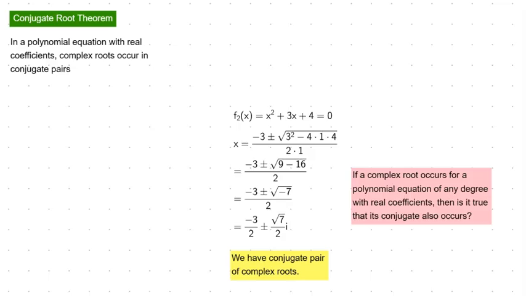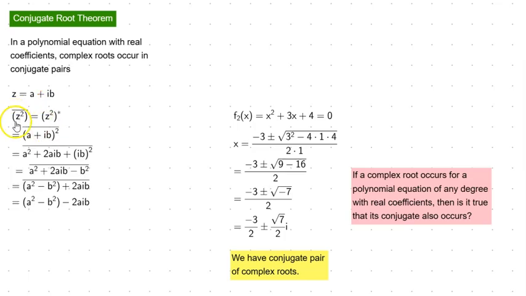Before we look at the proof of that, let's look at a property of conjugates that we will require. So we have z equal to a plus ib. We are going to take the conjugate of z square, which is written with a bar on top or using an asterisk.